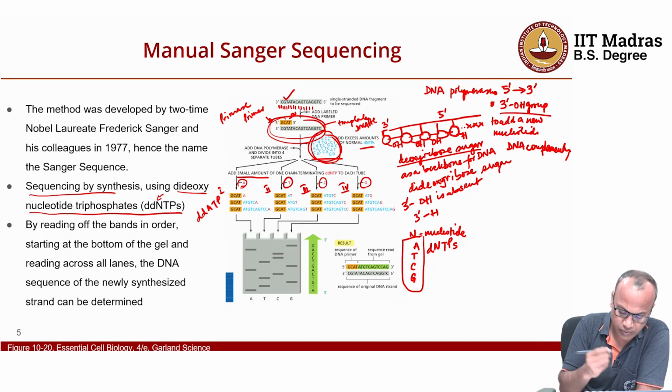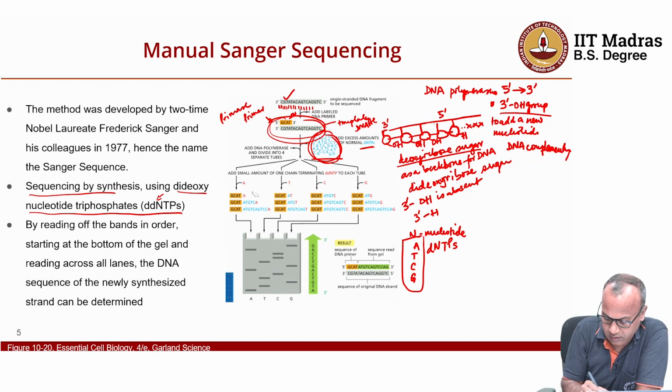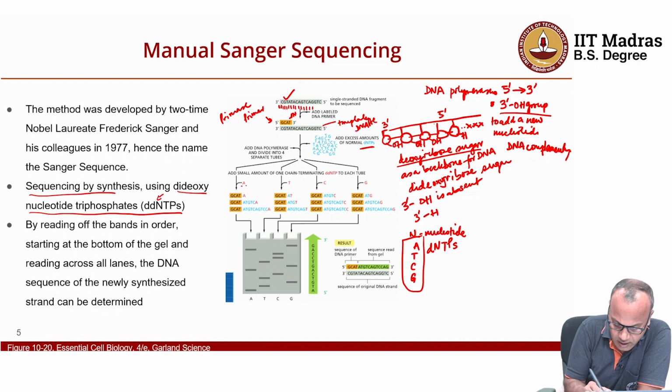Now, what would happen? Let us just read through one of the steps. Okay, so now here I have ddATP. This is my primer sequence, which was GCAT. Now, the next sequence that needs to be added, so this is my sequence.